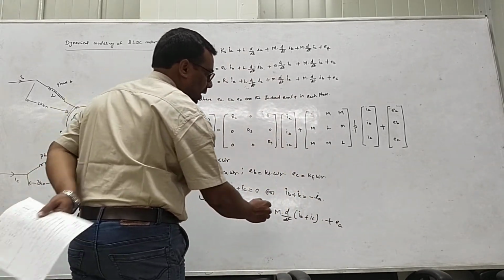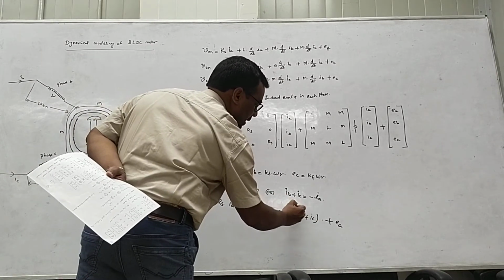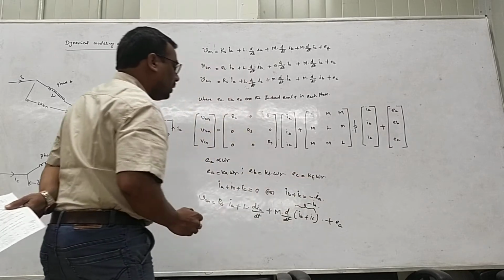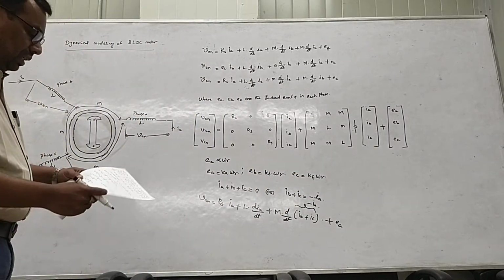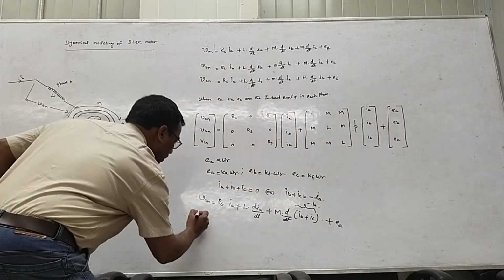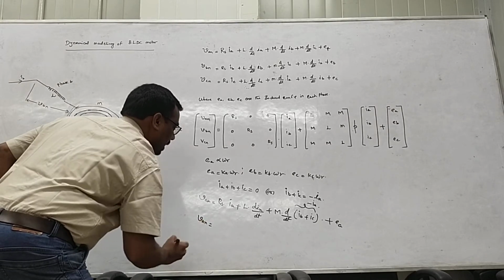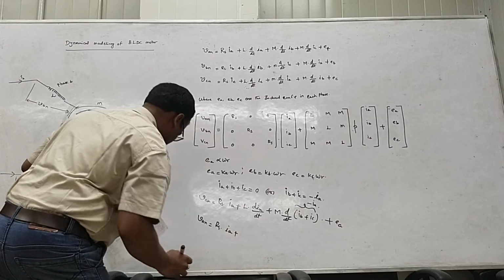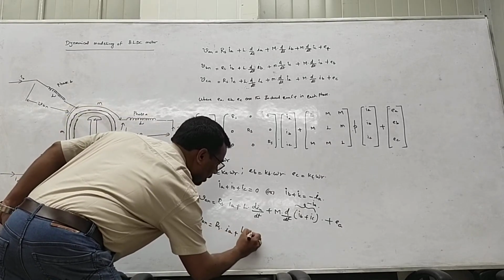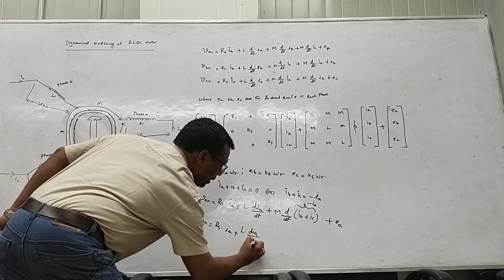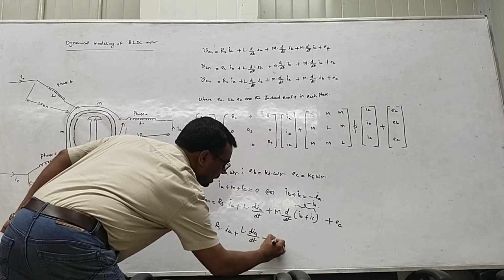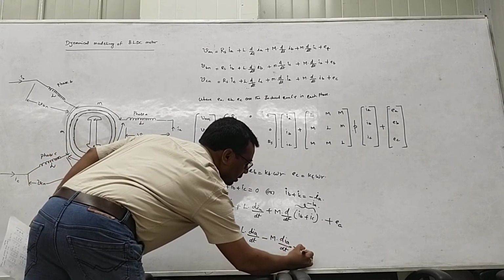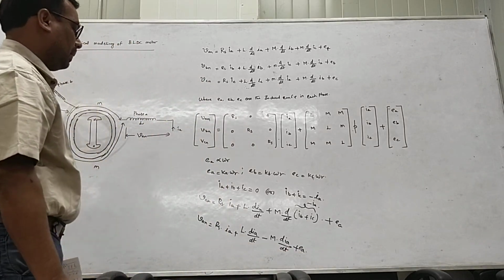Now this IB plus IC is replaced by minus IA. So if you simplify this, VAN is equal to RS into IA plus L into dIA by dt minus M into dIA by dt plus the induced EMF EA.